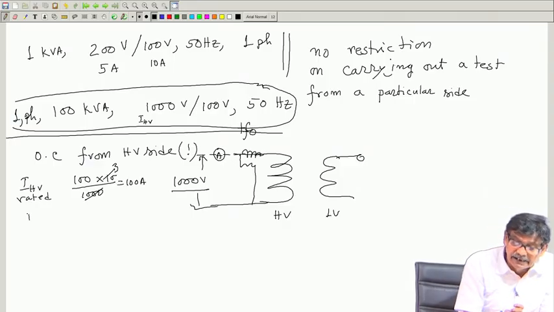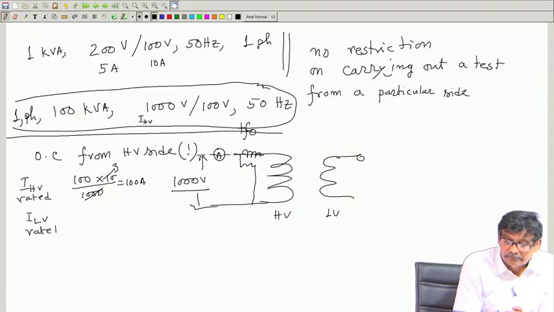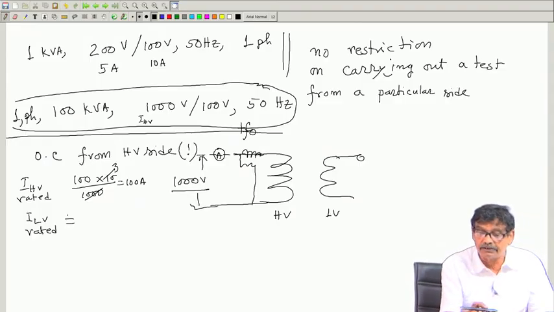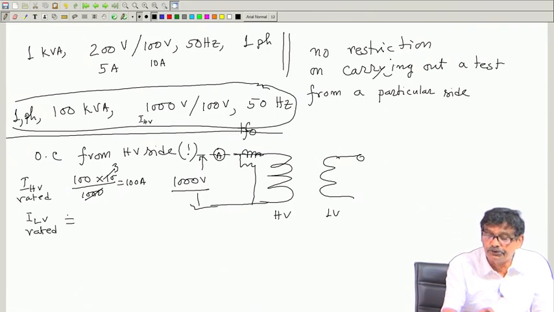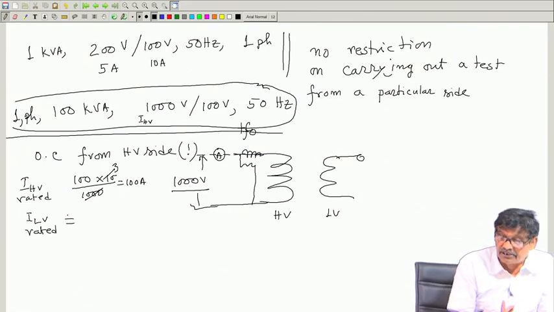What will be ILV rated? LV side rated current will be higher. What is the turns ratio? 10. So, 10 times higher, 1000 ampere.